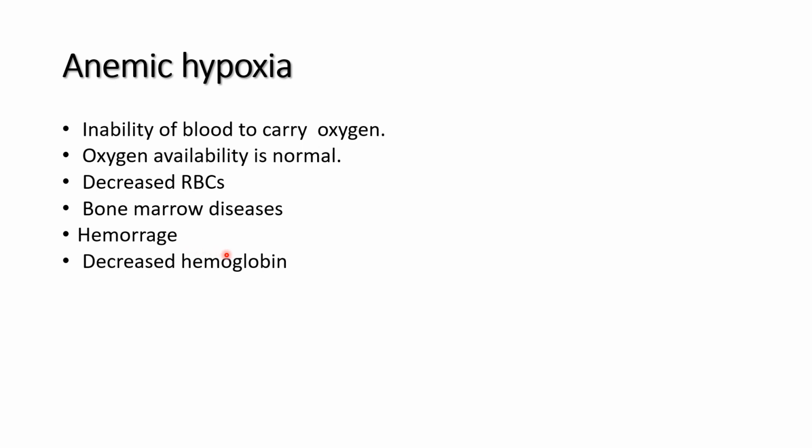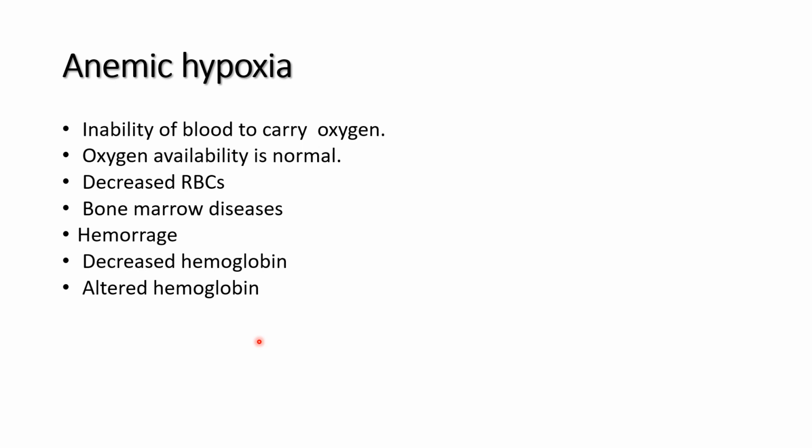Another cause is decreased hemoglobin due to altered shape and size of the RBCs. That also produces anemic hypoxia, as it decreases the oxygen carrying capacity. Altered hemoglobin occurs in some poisoning conditions, like cyanide and nitrate poisoning.